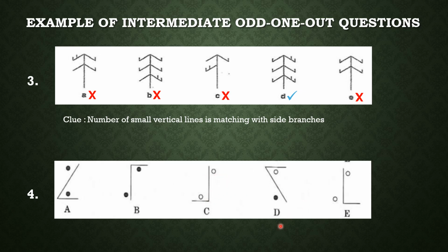In option D, there is one dark shaded circle and another light shaded. So the rule can be similarly shaded or non-shaded circles, and option D is not following the rule. So that should be the odd one out.